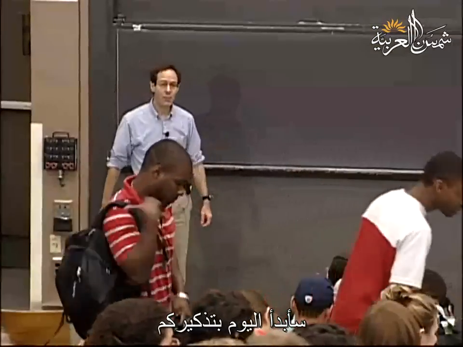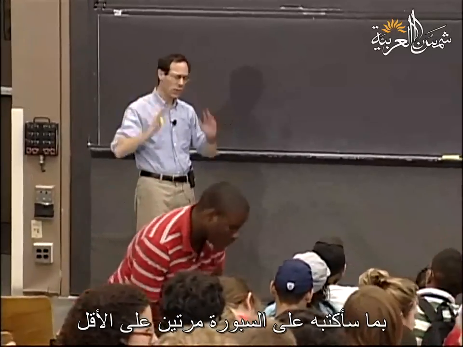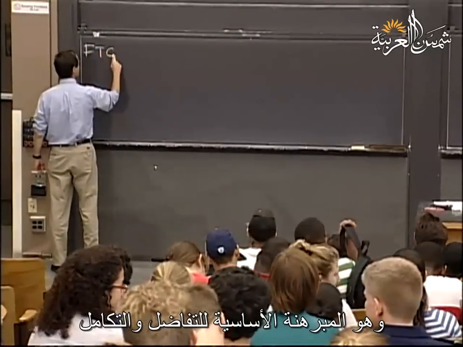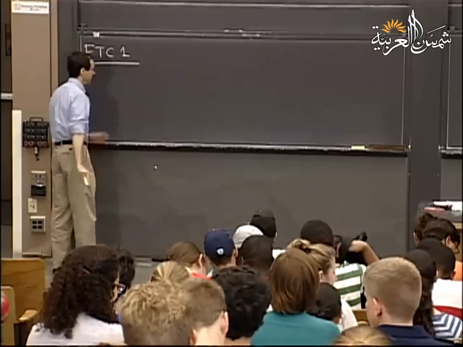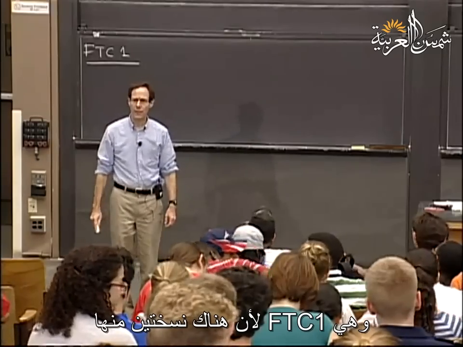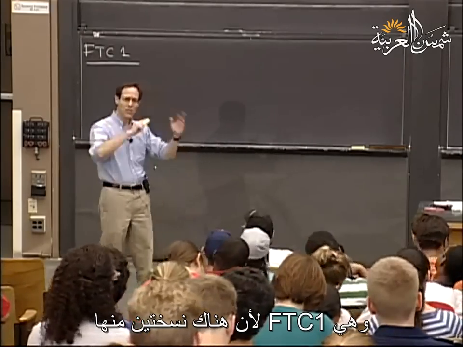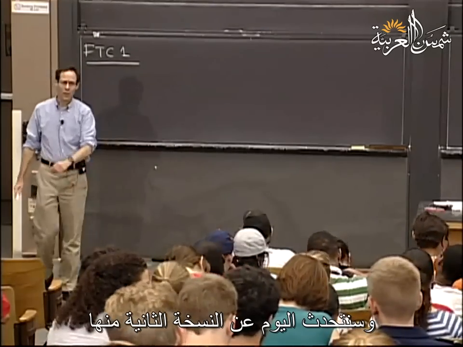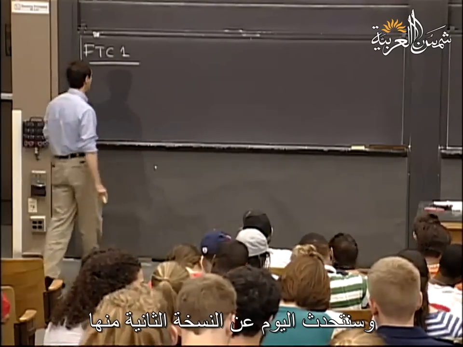To begin today, I want to remind you, I need to write it down on the board at least twice, of the fundamental theorem of calculus. We called it FTC1 because it's the first version of the fundamental theorem. We'll be talking about another version called the second version today.